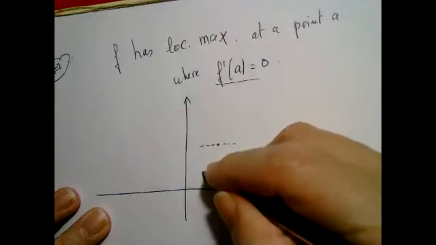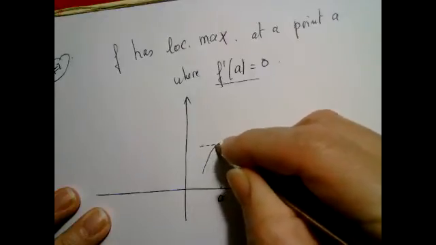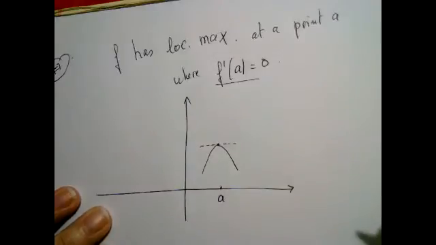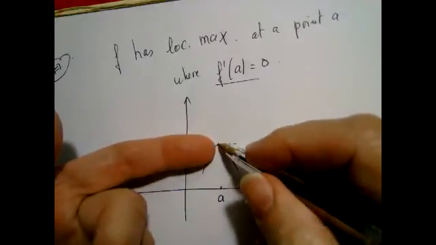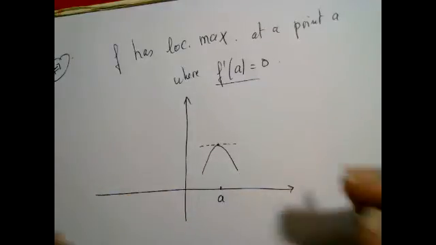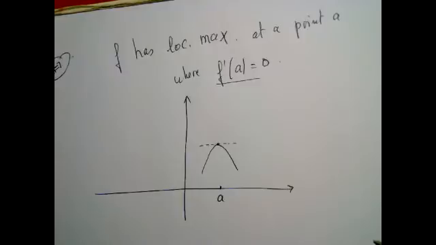It means at this point I want something like that. That's a local max. Now I don't want it to be the absolute max, so I'm not going to let it go like this. I want it to be local. So how can I graph it so this will occur? Please, ideas?